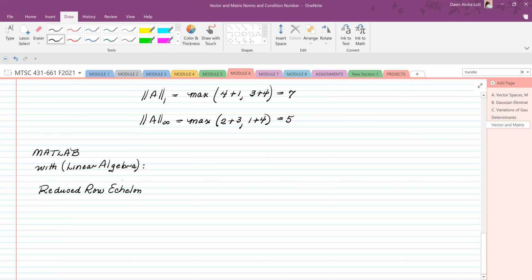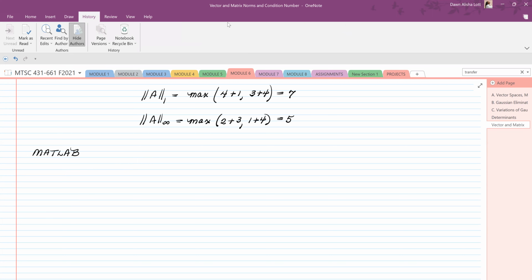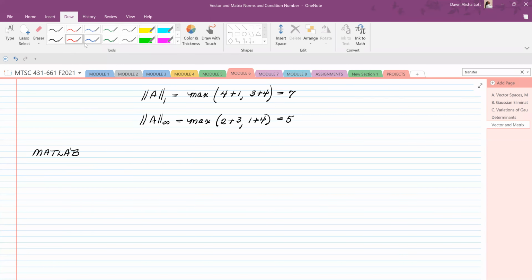So reduced row echelon form, is it just reduce? Oh, wait a minute. I'm thinking of something else. Let me be careful. I'm thinking of Maple. So let's scratch that. Between having Maple, MATLAB, Java, and Fortran all in my head at the same time, I have to be careful on what I'm saying. Okay, so we're going to take that back.